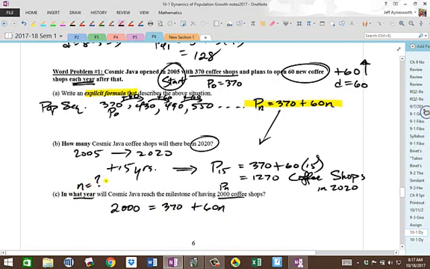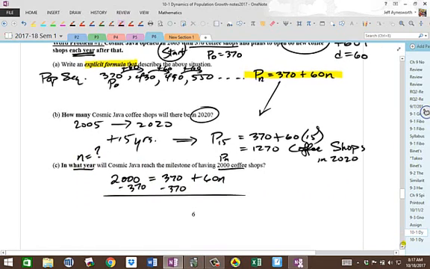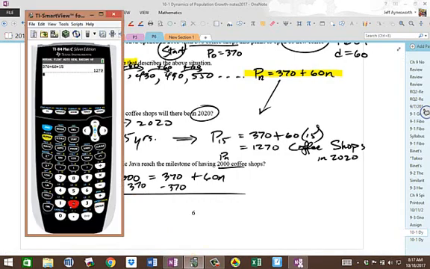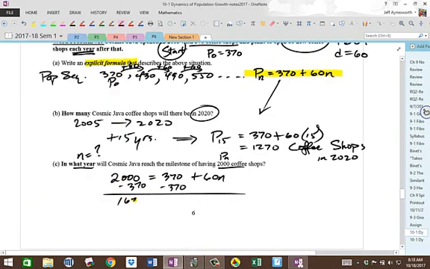So you've got to solve this equation. You've got to subtract 370. So 2,000 minus 370, you get 1630. That's equal to 60n.